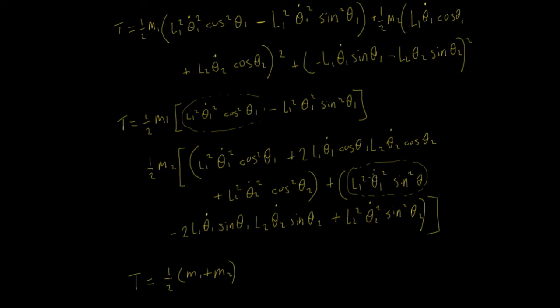Then we can also look at another two terms, this term here along with the next term with the m2, which is L1 squared, L2 squared. It'll be this term here along with this term here, and we've got our sine squared plus cos squared, which again would give us our 1.